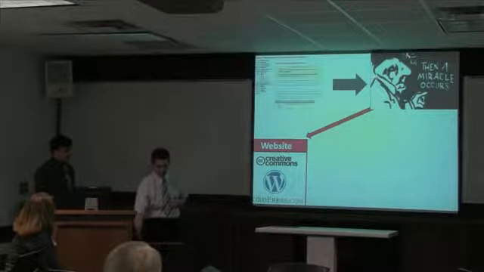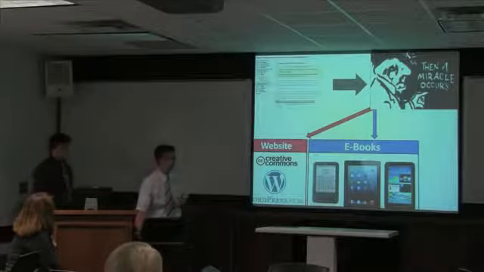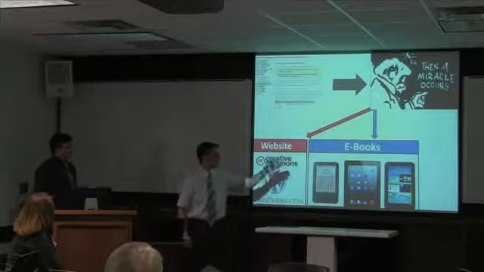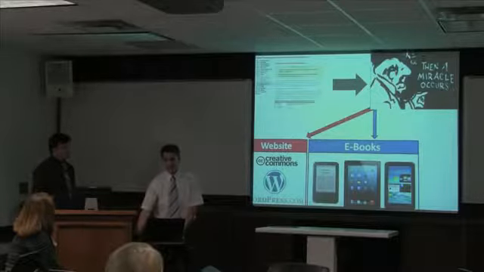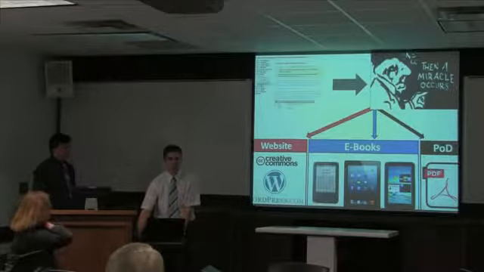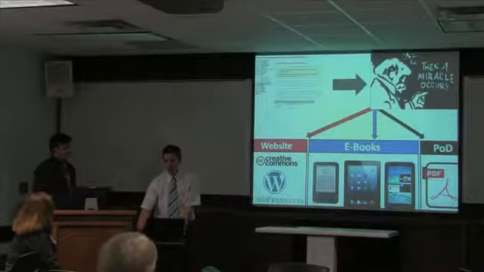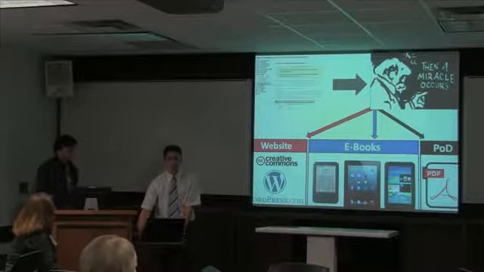We also wanted to make the book available in ebook formats for Kindle, iPad, Android devices, again to increase usability. And lastly, we wanted to make sure there was a print-on-demand function for the book, and create a PDF for it. That was our goal.